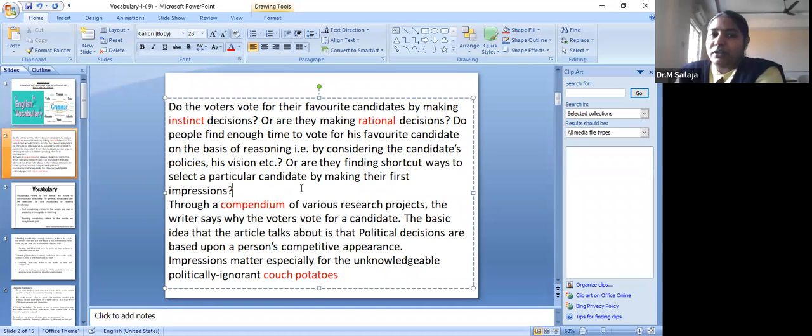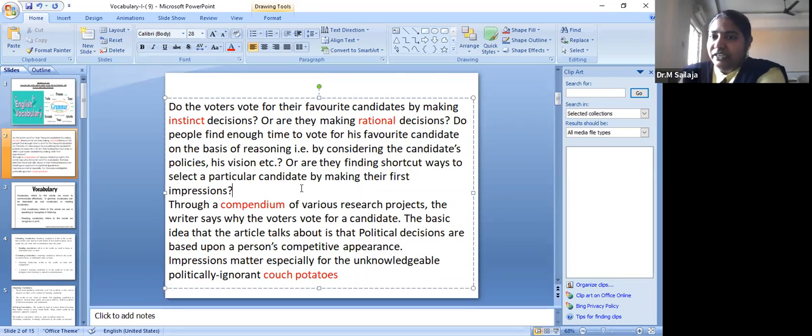Okay, now this is another question for you. Except these highlighted words, are you able to understand the remaining content? Except these highlighted words, are you able to understand the remaining words and their meaning?